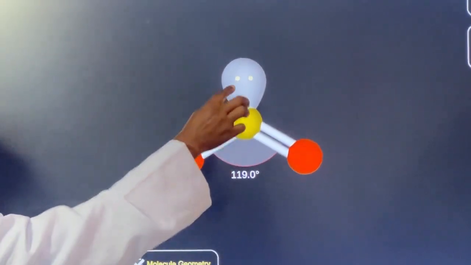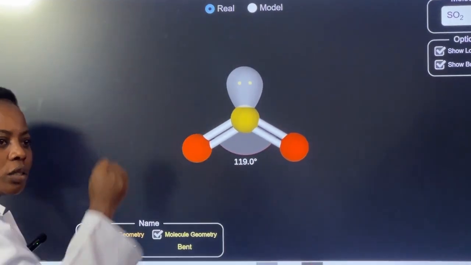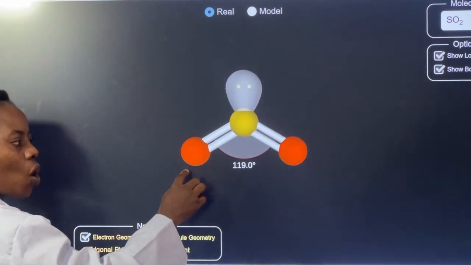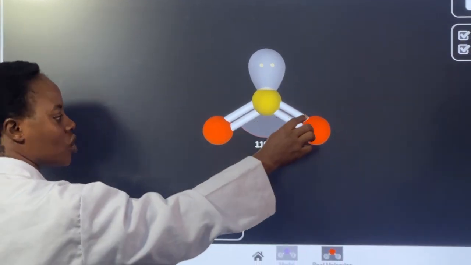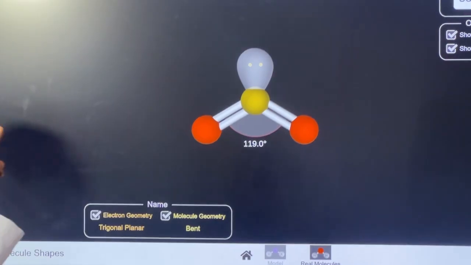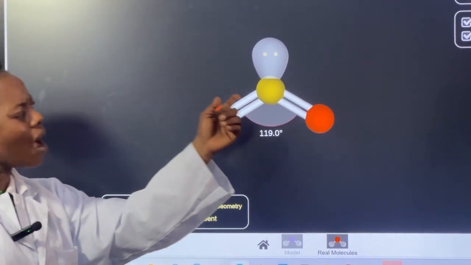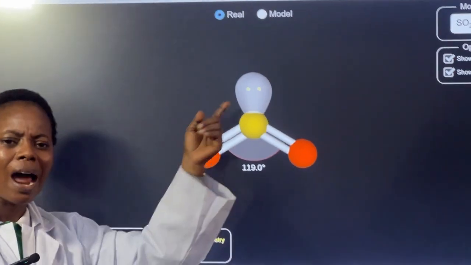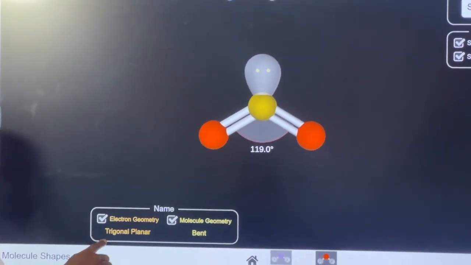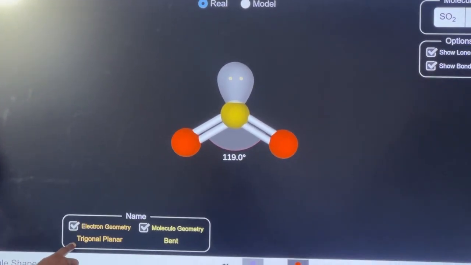So in this case, we're having a lone pair, we take it as 1. Then we have our sulfur, we have the central sulfur, we have 1 oxygen, the second oxygen, making 3 things around the central atom. Now, because 3 things are arranged around the central atom, we say the electron geometry is called what?